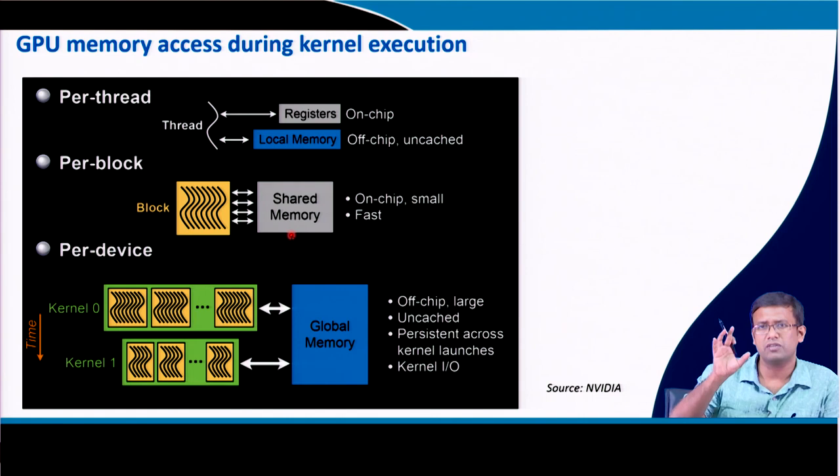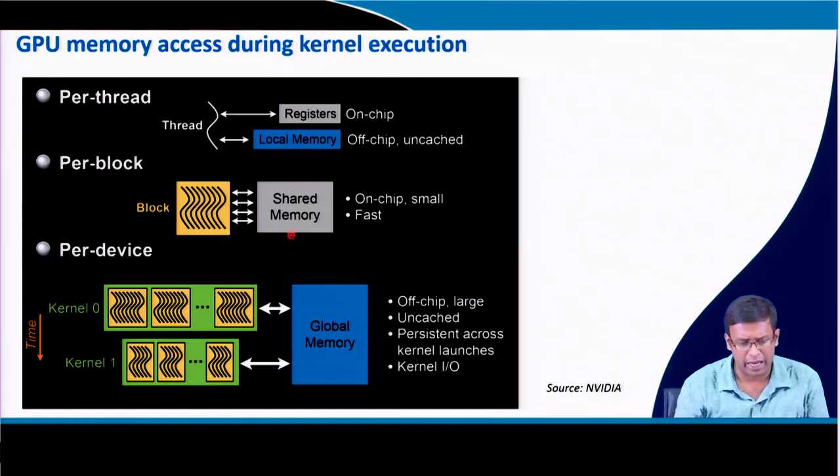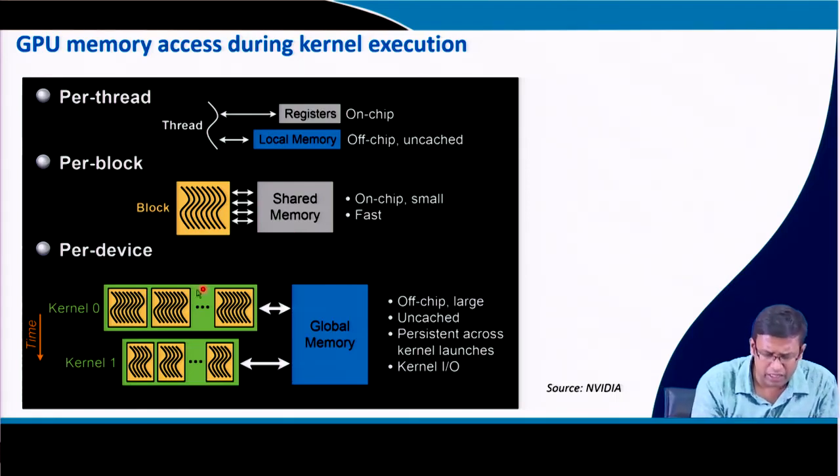Off-chip means in the device RAM or GPU RAM, which is connected via interconnect to the streaming multiprocessors, but on-chip means directly on the streaming multiprocessors, which can be read much faster. So off-chip memory has slower access and smaller bandwidth, while on-chip memory has higher bandwidth and fast access. And when the kernel is launched, the kernel communicates with the global memory.